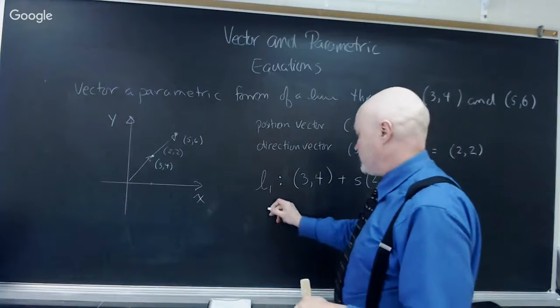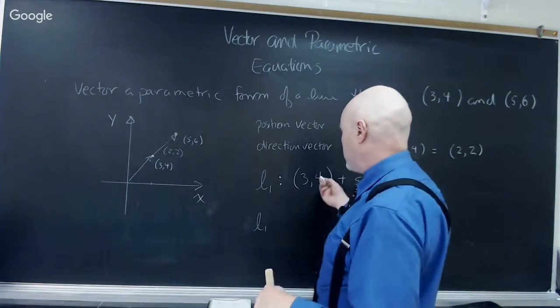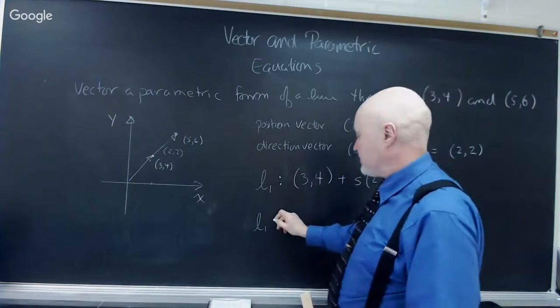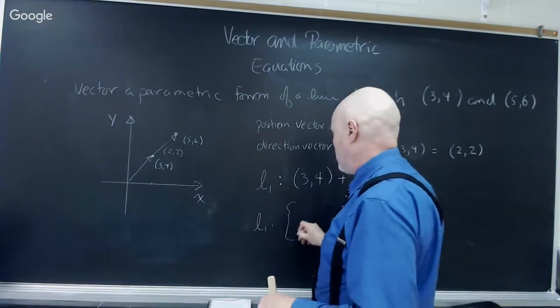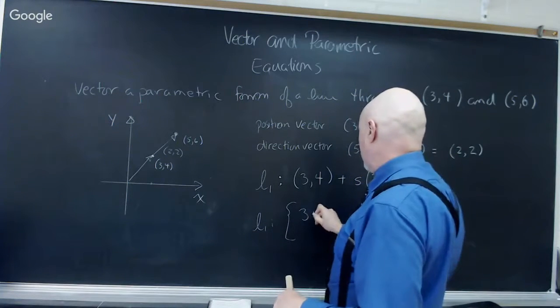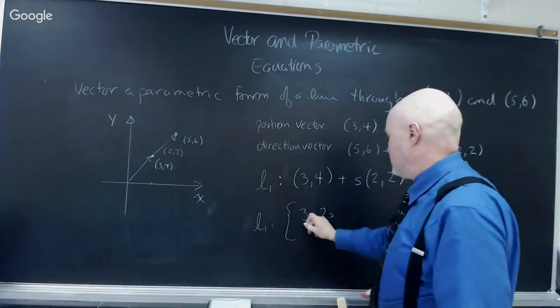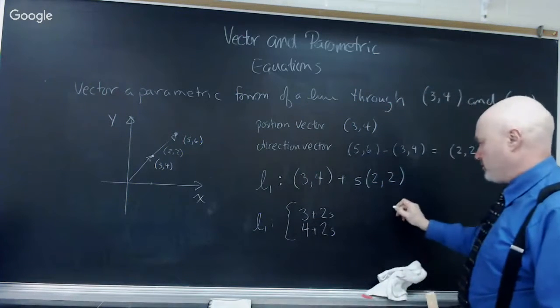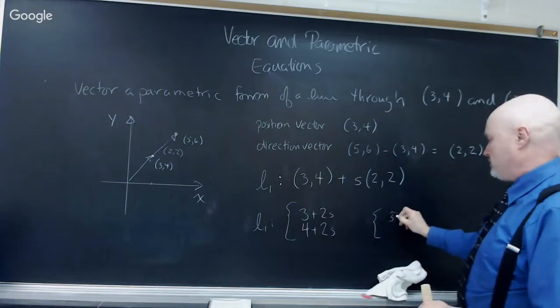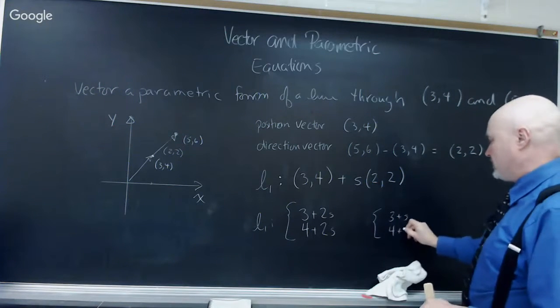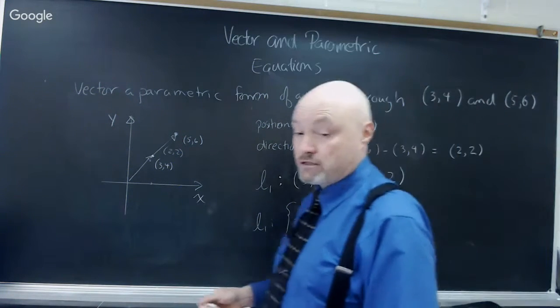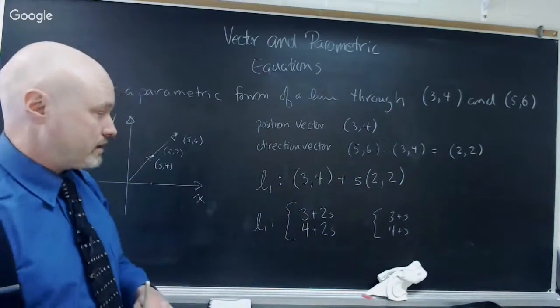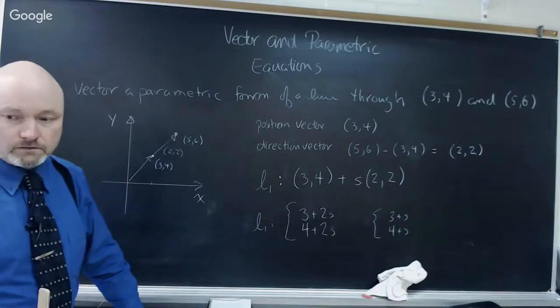And then if we wanted to produce the parametric version of that, it would just be 3 plus 2s and 4 plus 2s. And another way of expressing it would be 3 plus s or 4 plus s. So there's lots and lots of possibilities there for what the equation looks like.